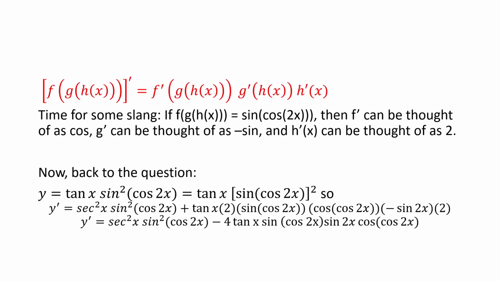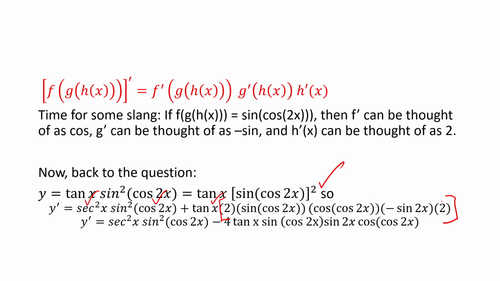So thinking of it that way, we can think of the answer to our question, which we've already shown in my red handwriting, this way. It's the tan x sine of cos 2x quantity squared, and then we can say derivative of the first times the second plus the first, and then this whole quantity here is derivative of the second.